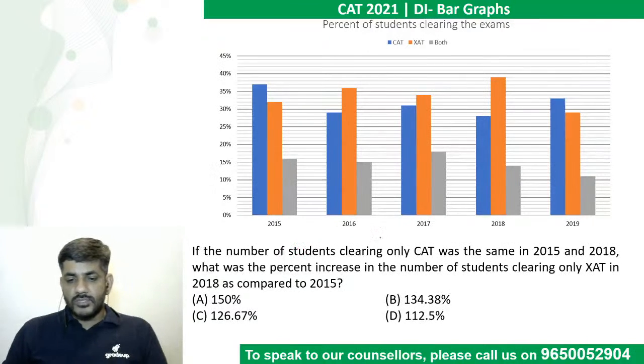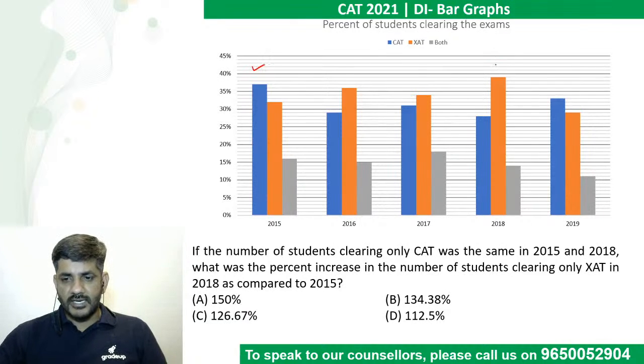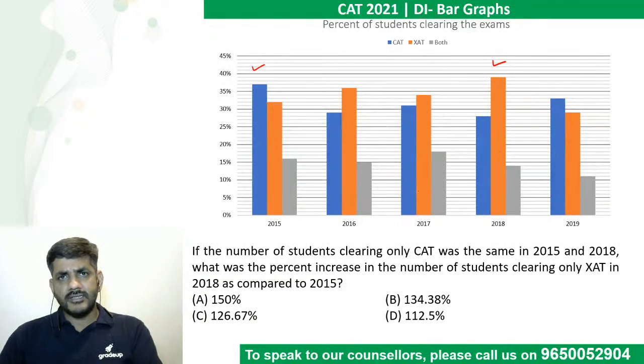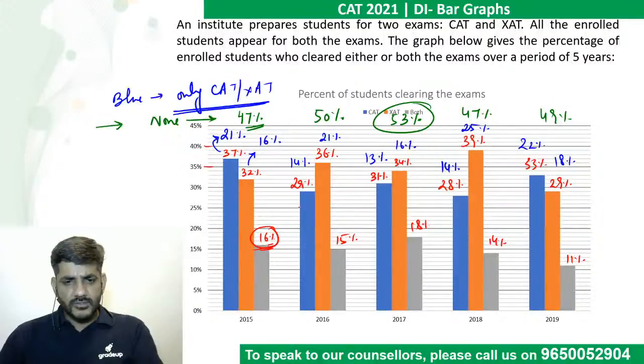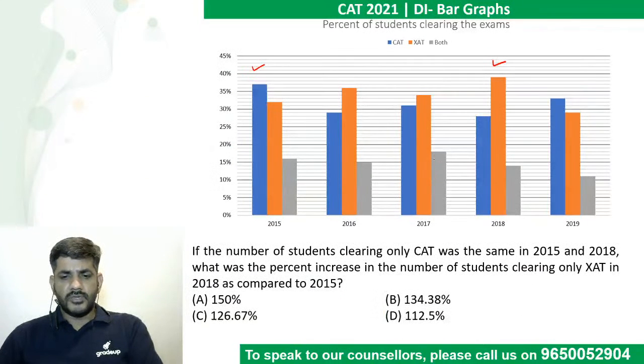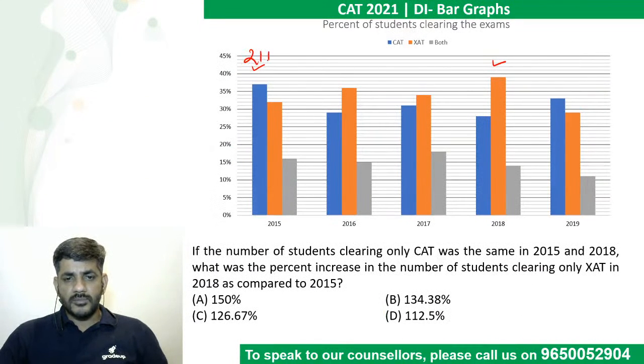If the number of students clearing only CAT was the same in 2015 and 18, so the only CAT figure for 15 and 18 is the same. I think we have already calculated this. So let me just go back and write these figures. These figures were 21% and, in 2018, 14%.